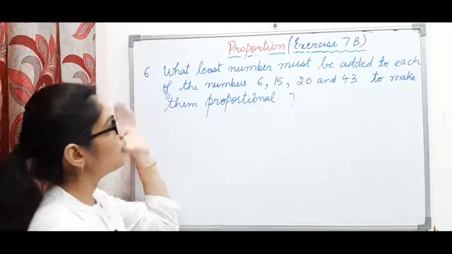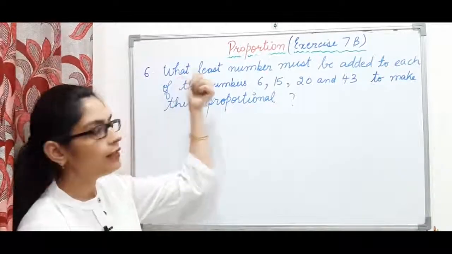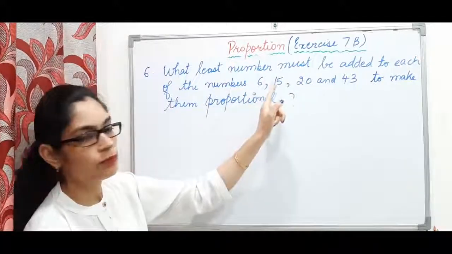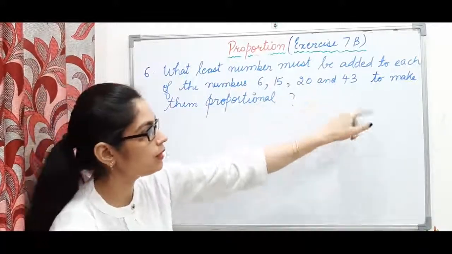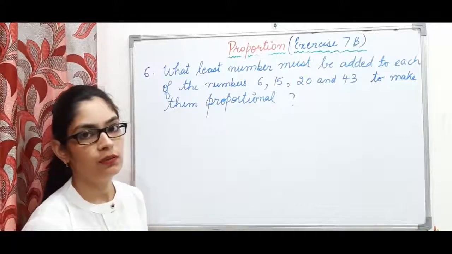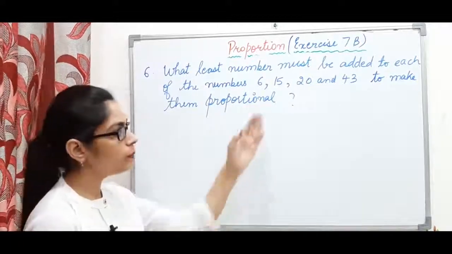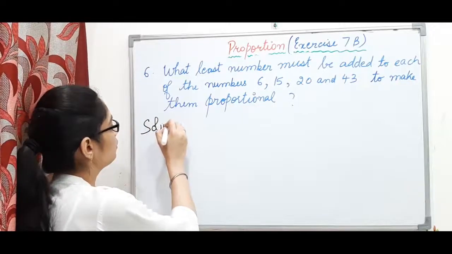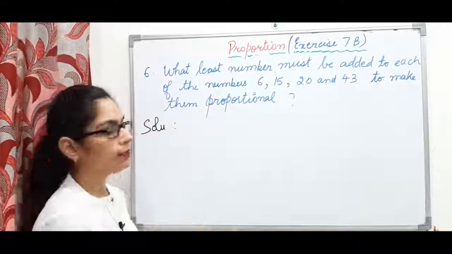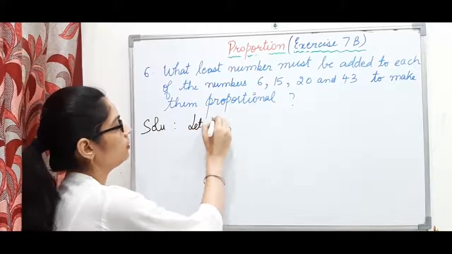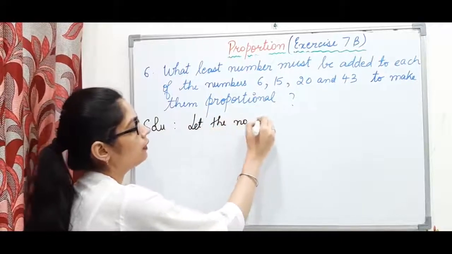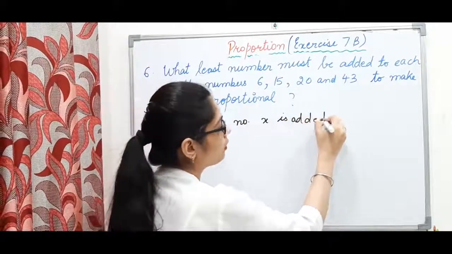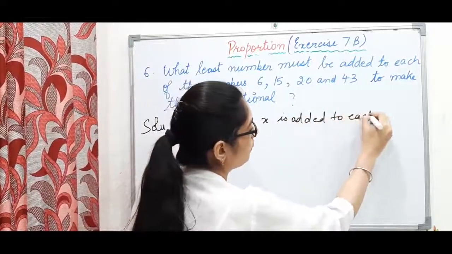In question number 6, it's given, what least number must be added to each of the numbers 6, 15, 20 and 43 to make them proportional. So which number can be added to make them proportional? Let us assume that number is x. Let the number x be added to each to make them proportional.